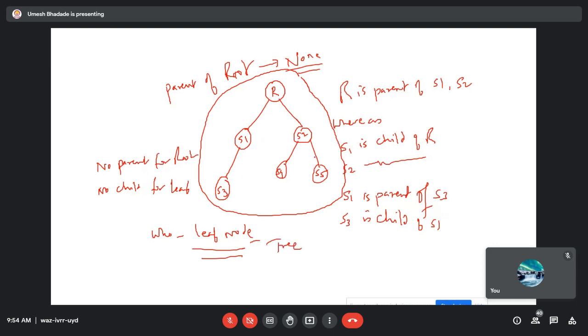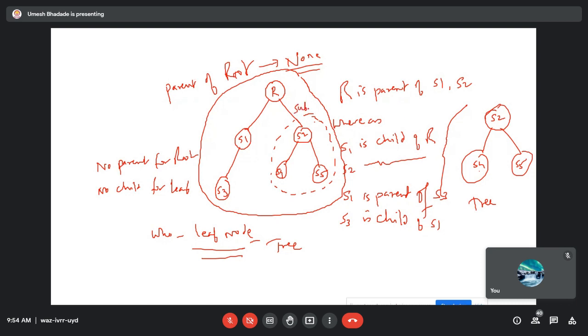But if I consider only these nodes, and draw them separately for visualization purpose, S2, S4, S5, it is itself a tree. Can we call this a tree? Yes. Because in this tree, S2 is the root and S4 and S5 are children. But if it is a part of the entire tree, then it is called a subtree.